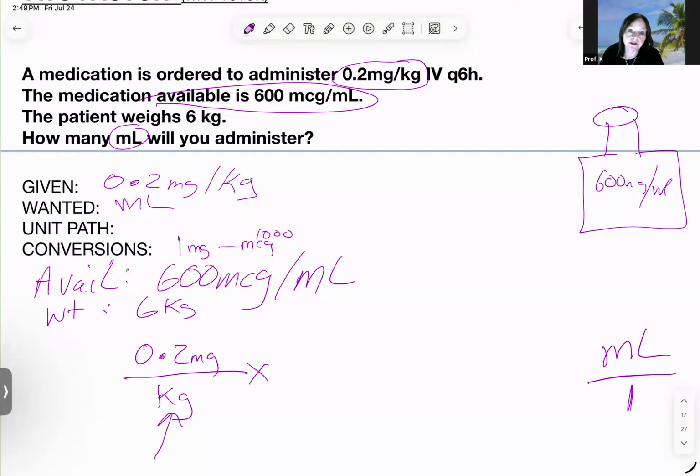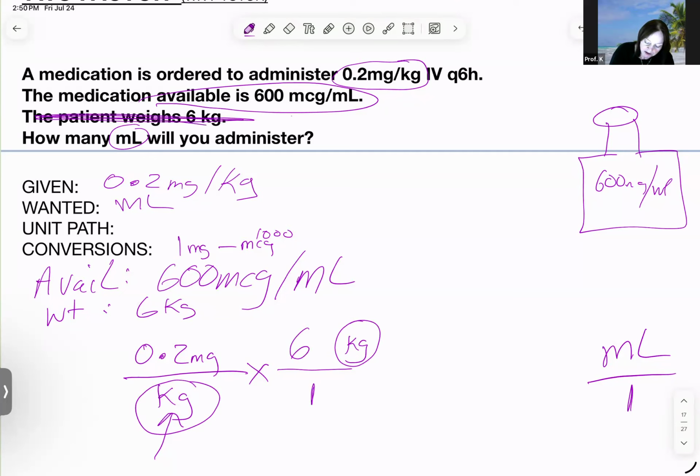A crusty little kilogram. How do I get rid of that kilogram? I need kilogram written here, and the only thing in my question with kilograms in it is the patient's weight. So I'm going to use 6 kilograms over 1.